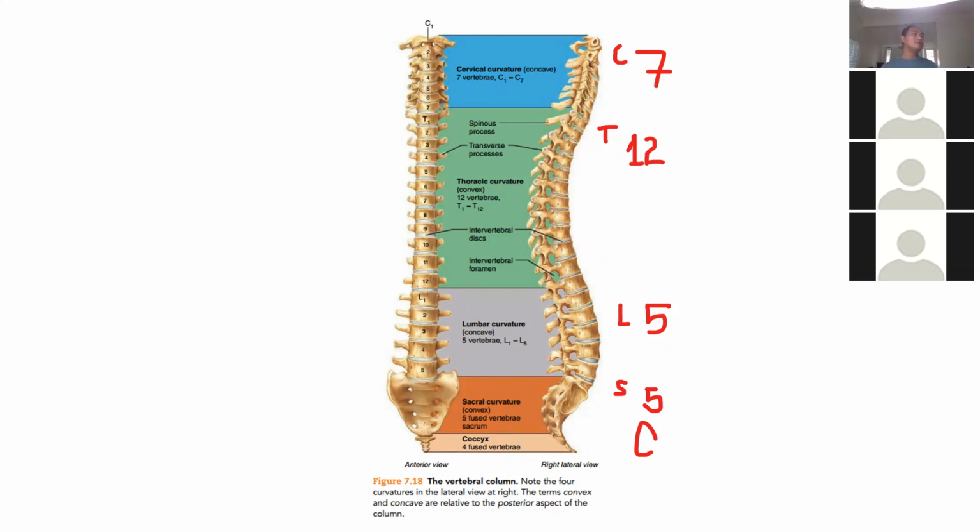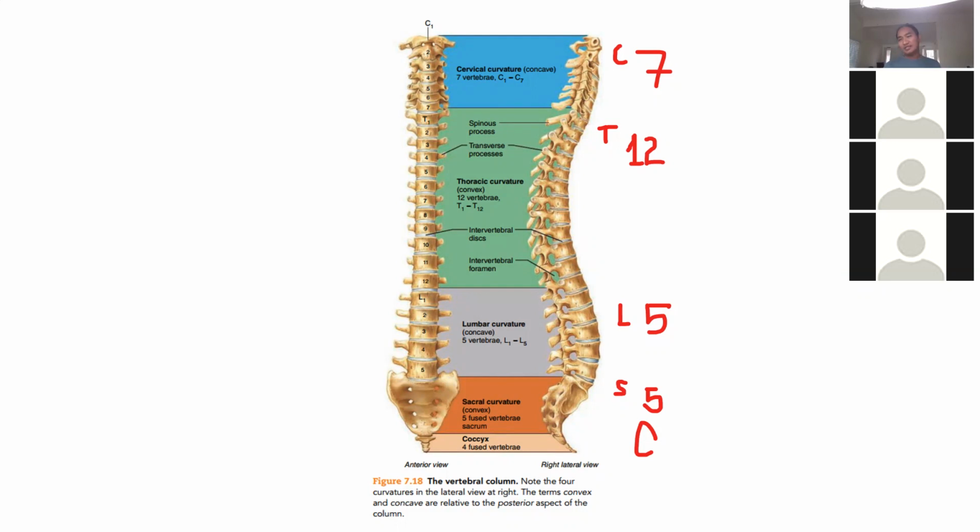All right, but of course, every portion is different. The human body is very well programmed and designed to adapt to the function. So cervical spine, what do we need? What is the most important thing for the cervical spine to do?